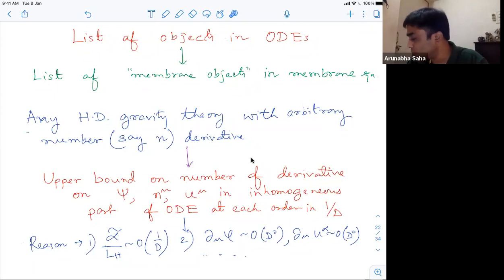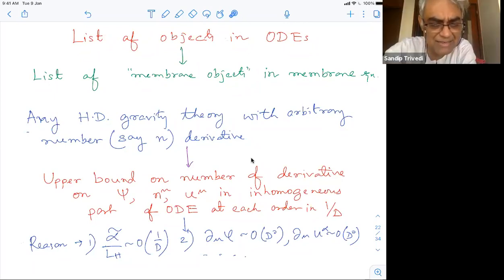But maybe I'm missing something, but you are adding higher derivative terms up to some number of derivatives, right? For example, you may add 4 derivative terms or 4 plus 6 derivative terms, some finite number of higher derivative terms, if I'm right.